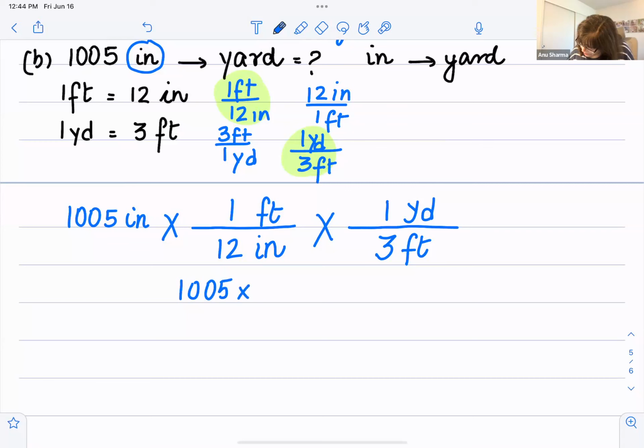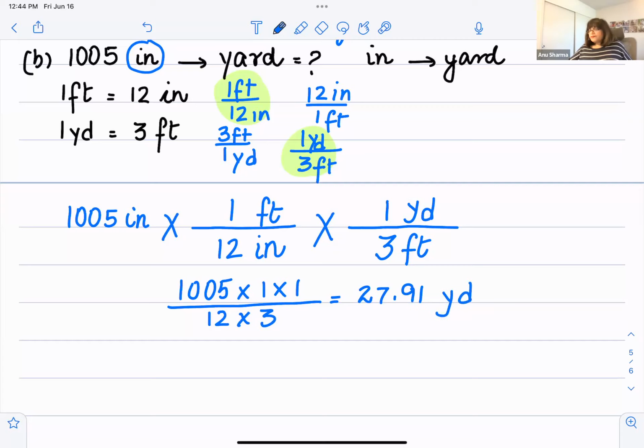Okay, so 1005 times 1 times 1 divided by 12 times 3. So this is 36. So 1005 divided by 36, and that is 27.91 yards. I just want to check one thing.